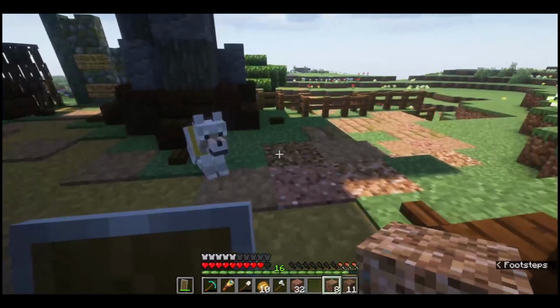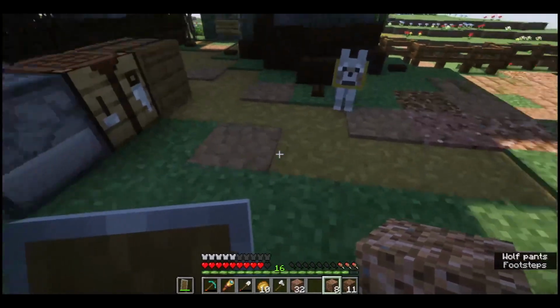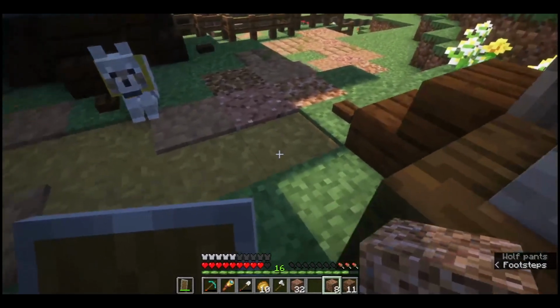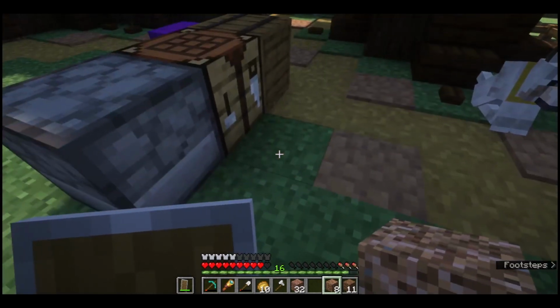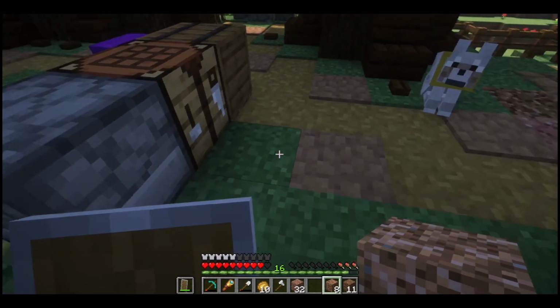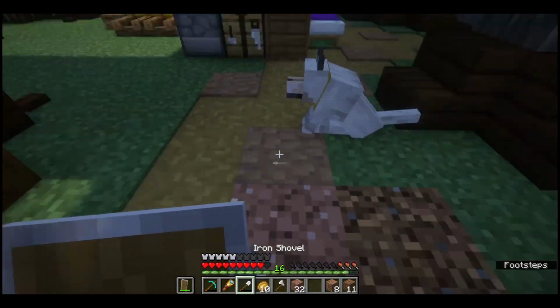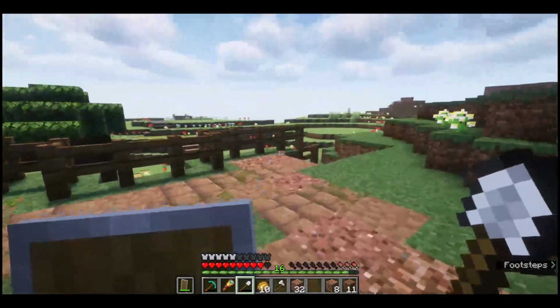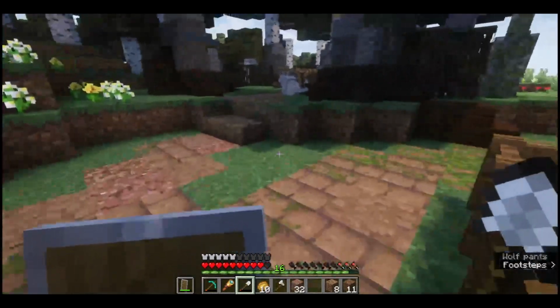And now the rule with that is that it has to be at least 3 blocks apart from each other. So like this could be rooted dirt, and then 1, 2, 3, and that could be rooted dirt if it was part of our path, just for example. And this is basically how I did this whole path and the deep slate one, essentially.